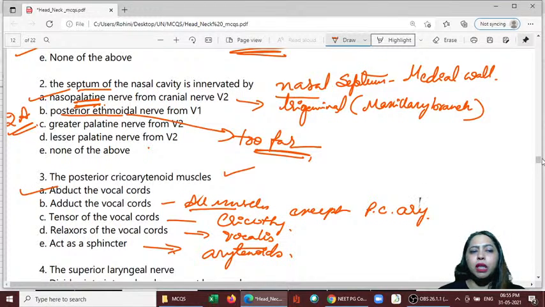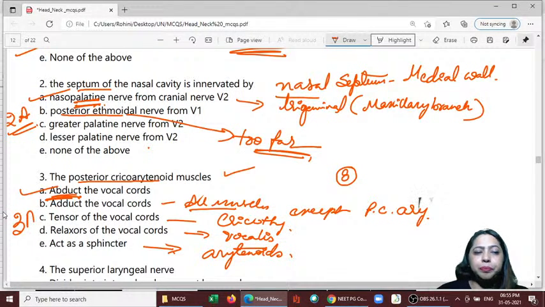The posterior cricoarytenoid is the only muscle that will do abduction. So you must remember the action of the vocal cord. You have to know the table which has all these 8 muscles and each one has a different function. So only one muscle for abduction, that is posterior cricoarytenoid. So the answer is 3A. Okay, so this much you have to remember.